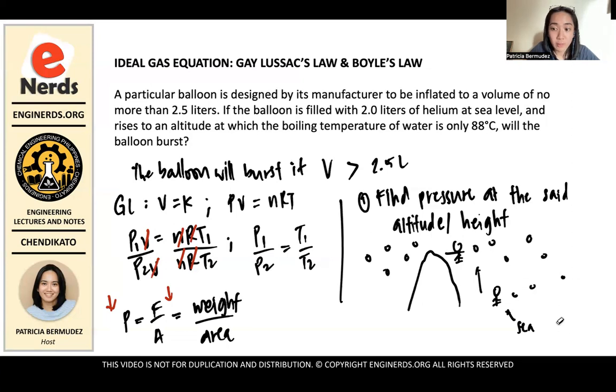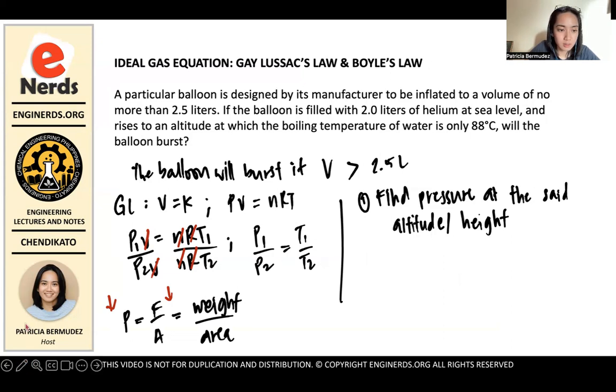From here, we can infer na bababa yung pressure mo. And we can verify that using Gay-Lussac's law, assuming that volume is constant first. Okay? So, what we're gonna do is, we're gonna use P1. And we have to know that at sea level, yung pressure mo, let's say ito, P1, is 1 atm.